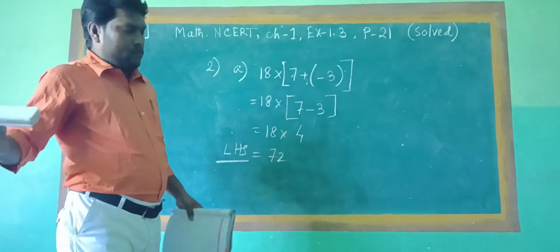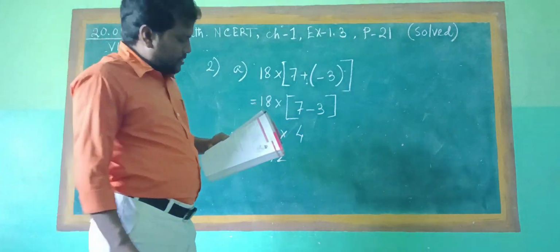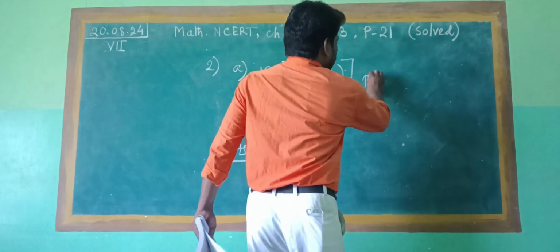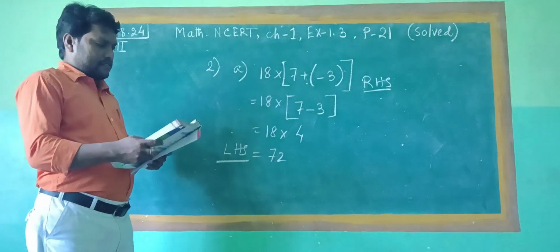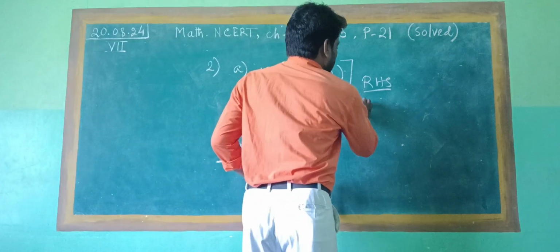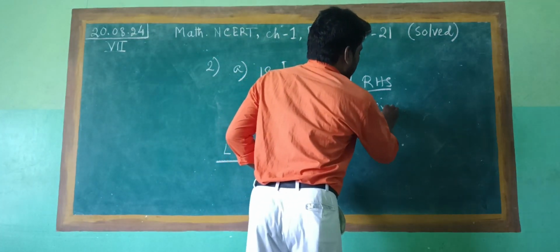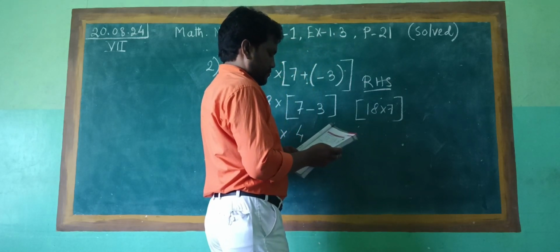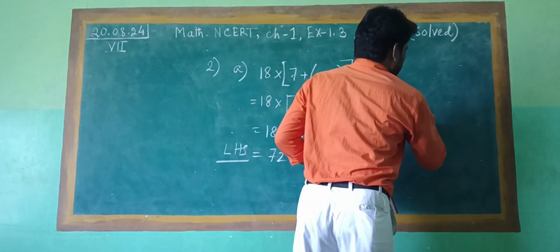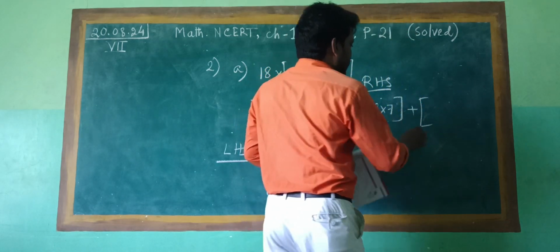But what is the value of the right hand side, RHS? 18 into 7 plus 18 into minus 3.